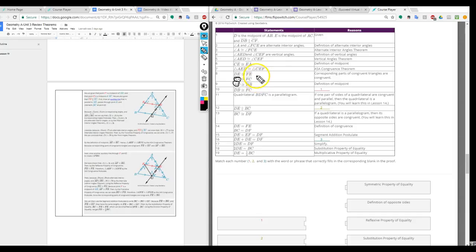And then I'm seeing a DB right here, a DB right here, and I'm seeing the FC right here and right here. So if I were to write this out in a straight line, I'm going to write this one out.